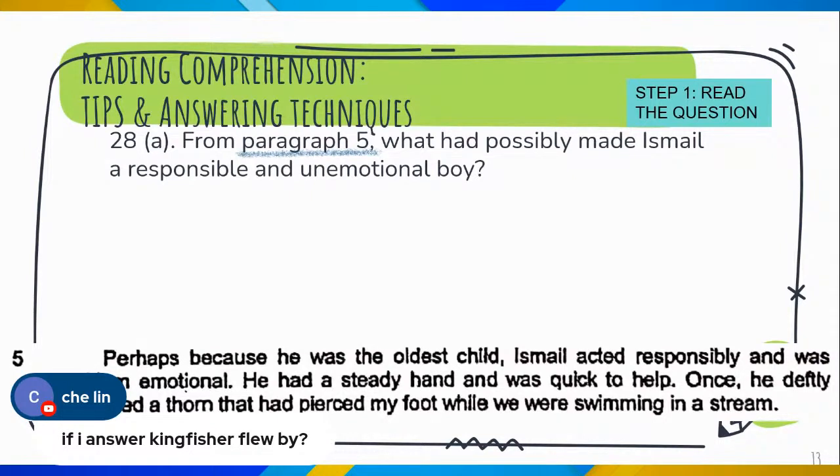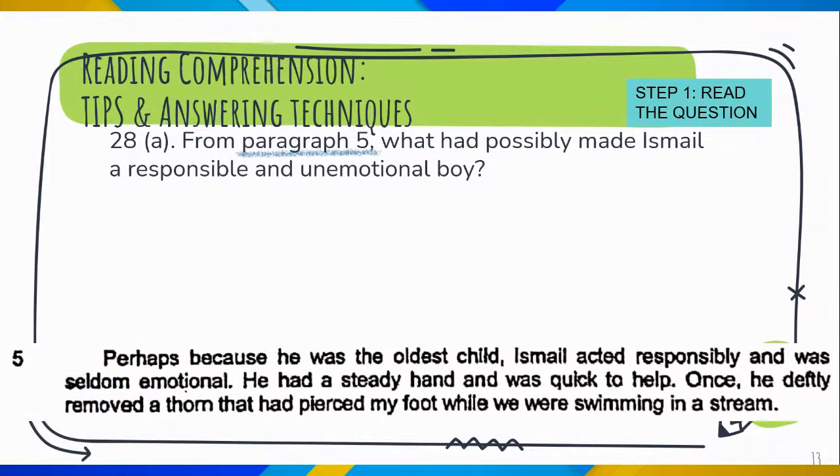If I answer a kingfisher flew by, because the question wants you to be very specific, I would refrain myself from writing the whole a kingfisher flew by, because in this case, the flash of colors refers to a kingfisher. It doesn't mean that the action of flying by is what they want in the question. They just want what? Apakah? I hope that answers your question.